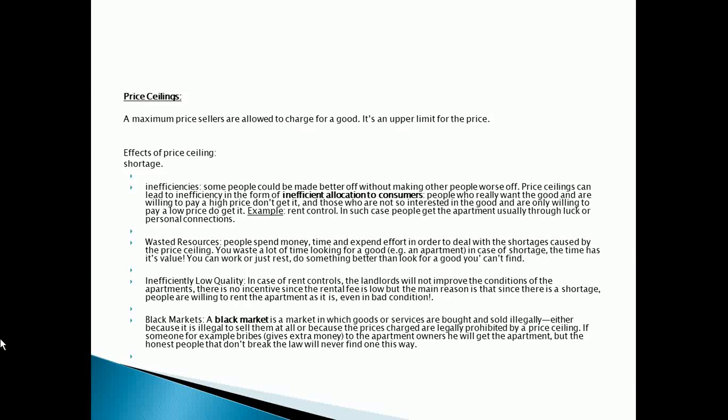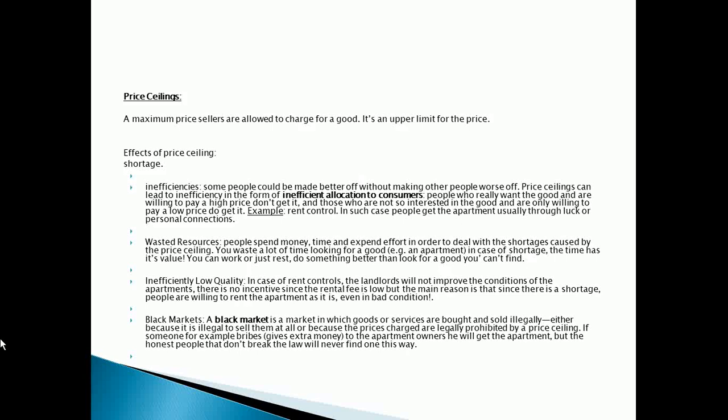If government enforces the price control for landlords, and if these prices are not satisfactory to the landlord's preference, then these landlords will not allocate these resources efficiently when it comes to consumers. Wasted resources. You see individuals scouting around looking for products, spending money, spending time, and using effort to ensure that they are able to obtain that product because of shortage.